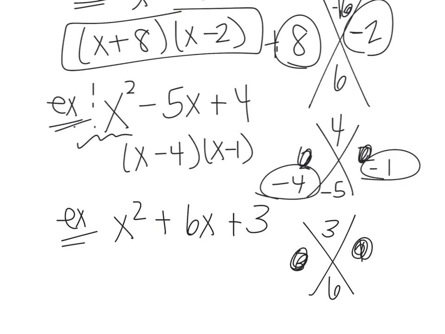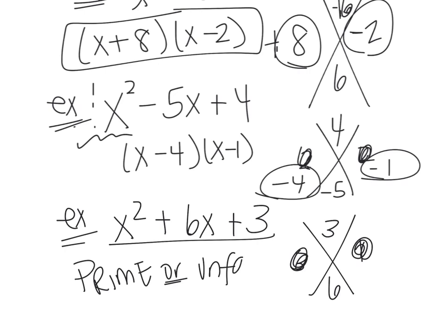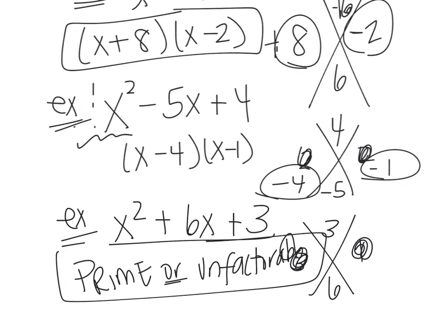Do I have any other factors of 3? I don't. So if I can't do anything to this problem, what does it mean? Well, that means that it's prime or it's unfactorable. I don't have to write both of these, I just have to write one, but I have to know what both of them mean.